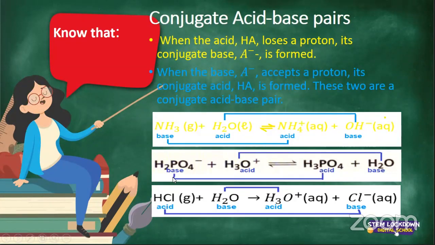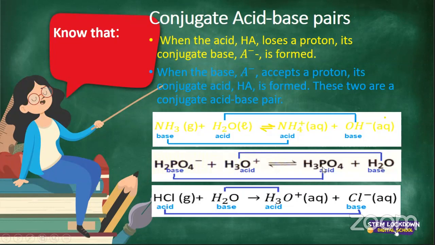Now in this one here, the ion is acting as a base. Why? Because it is accepting a proton from the oxonium ion or hydronium ion to form phosphoric acid. So it is accepting this to form this acid here.